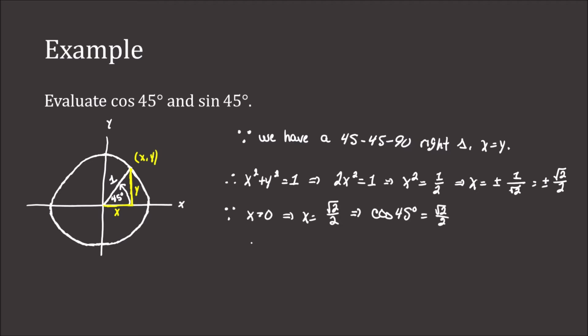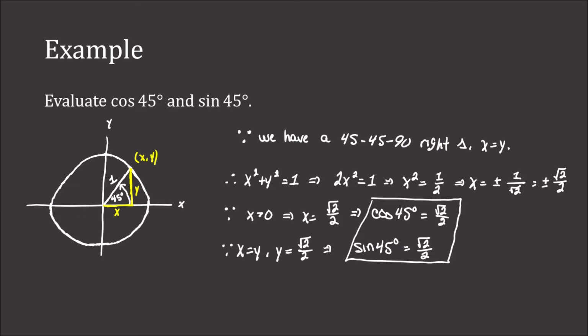Now, since x equals y, y has to equal root 2 over 2. And so that means that sine of 45 degrees is root 2 over 2. Right? So these are our values. Both cosine and sine of 45 degrees is root 2 over 2.